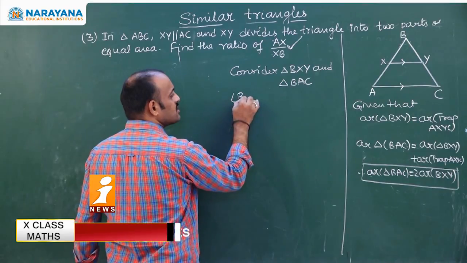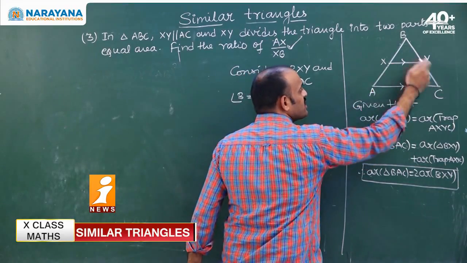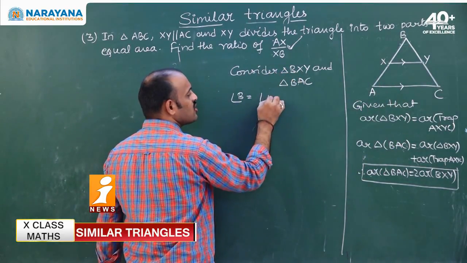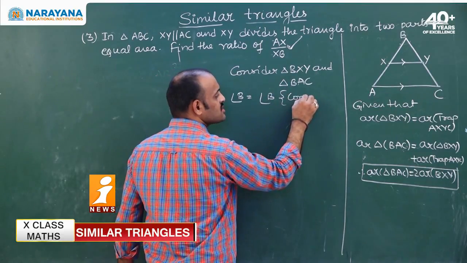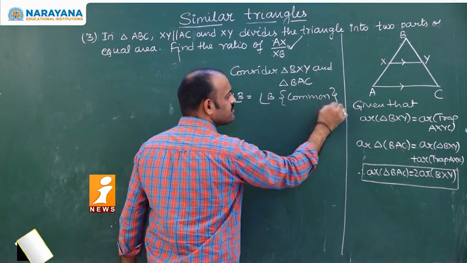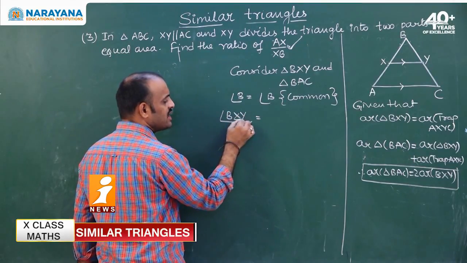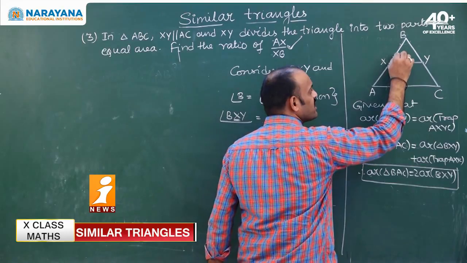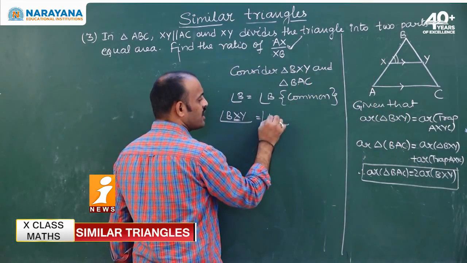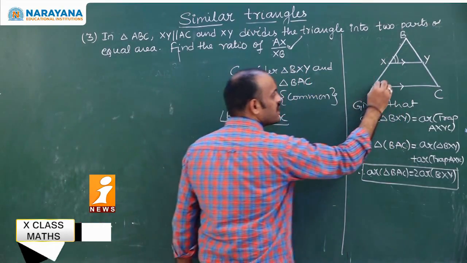In both the triangles BXY and BAC, angle B is common. And angle BXY, here the middle letter is X, so at X the angle we are taking is equal to angle BAC, the angle here.